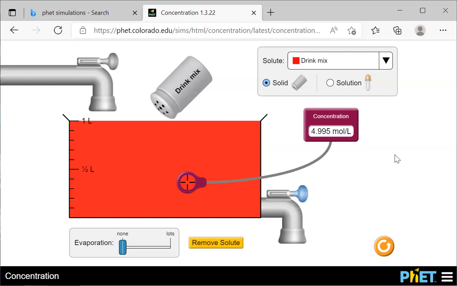Lastly, on letter L, it says, based on what you've observed, what is the relationship between adding more water to a solution and concentration of the solution? So through this exercise, you hopefully have seen that adding more water to a solution decreases the concentration of the solution because you are increasing the amount of solvent, but increasing the amount of solvent overall increases the volume of the solution.